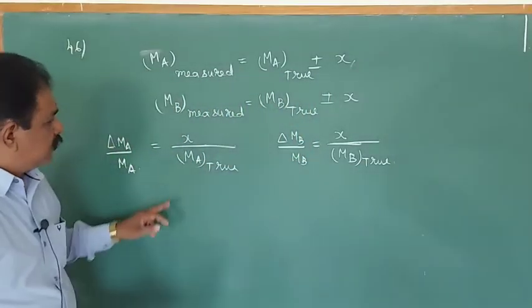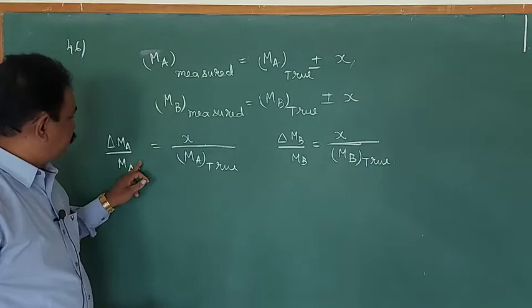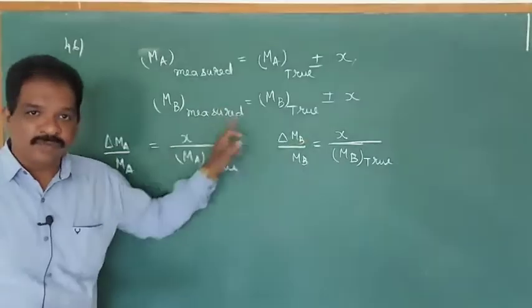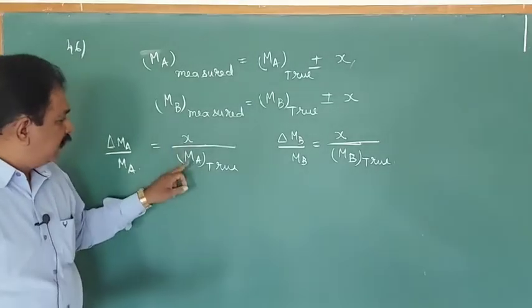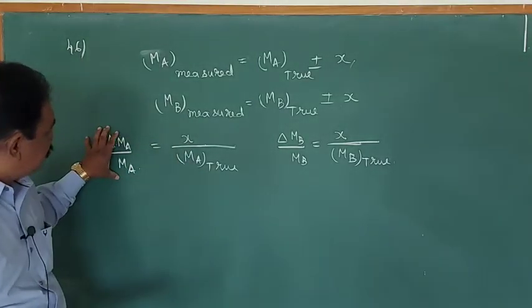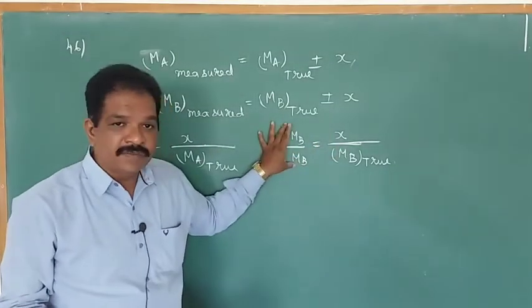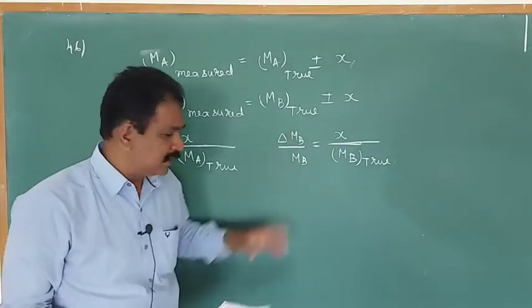Clear? So what will happen here if you check MA less than MB? X is same for both of them. So MA is less means this value will be more. MB is more means this value will be less.